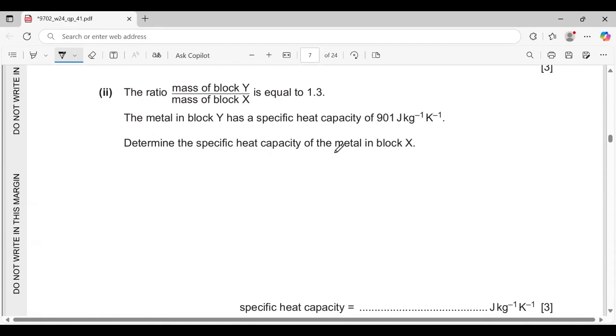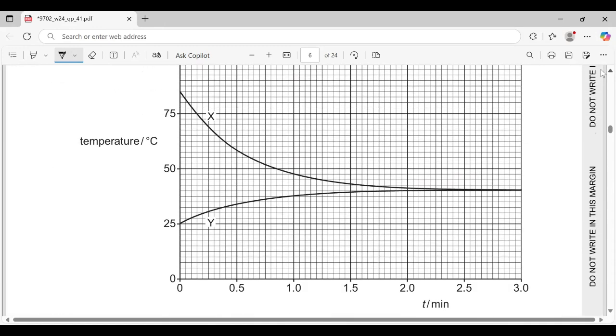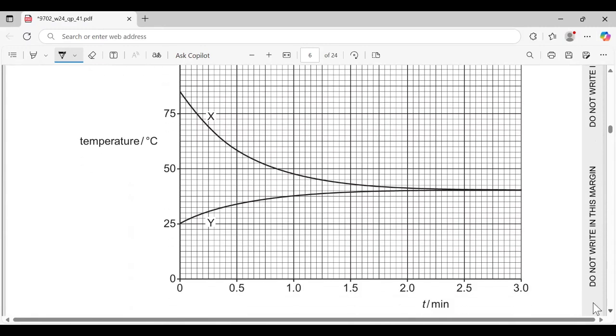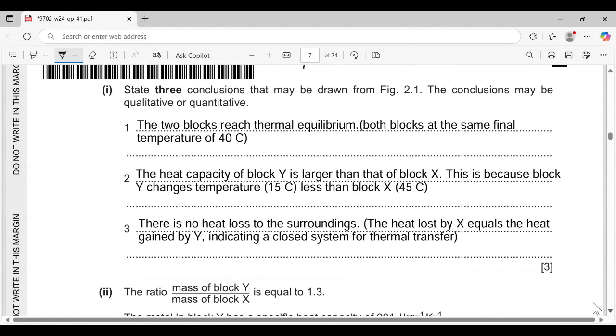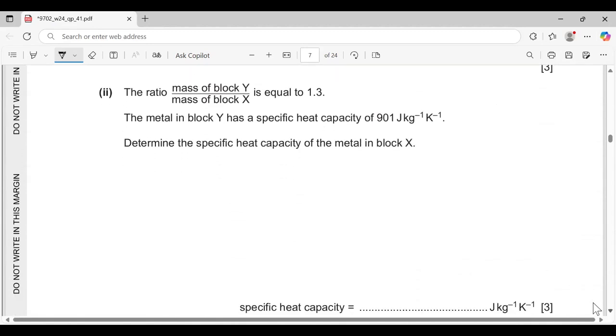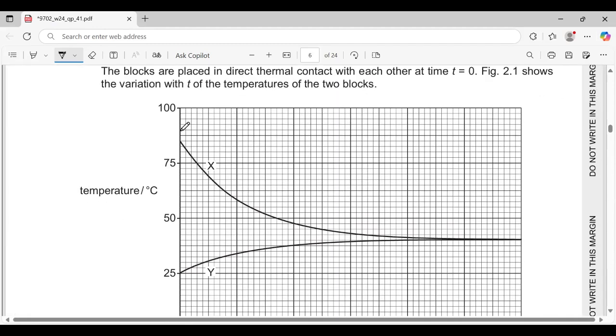Determine the specific heat capacity of the metal in block X. Okay, so if you look at this diagram, we have several pieces of information that I'm going to write here for our calculations, because to determine the specific heat capacity of the metal in block X, it means this graph, block X, and this graph, okay?